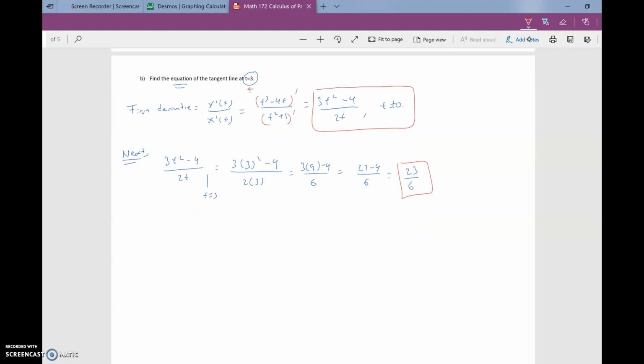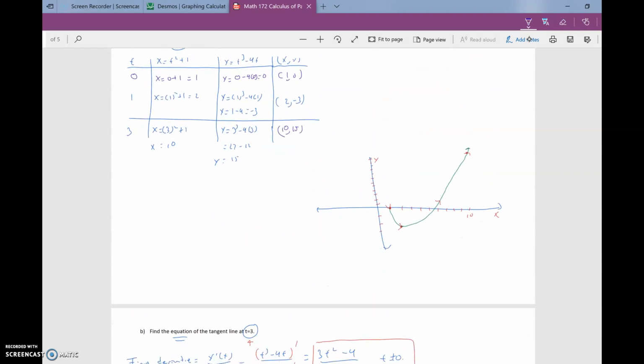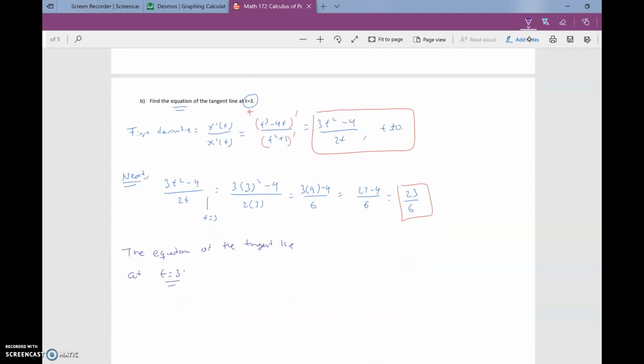Okay, for the equation, you can rewrite it in rectangular form. So the equation of the tangent line at t is equal to 3. And at t is equal to 3, we ended up with 10 comma 15.